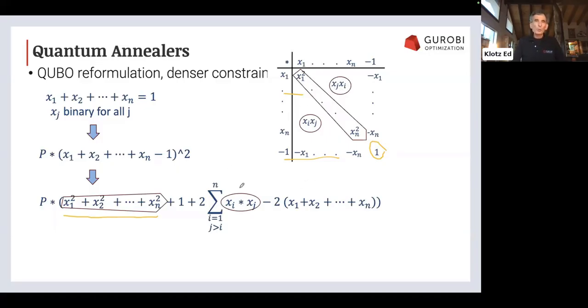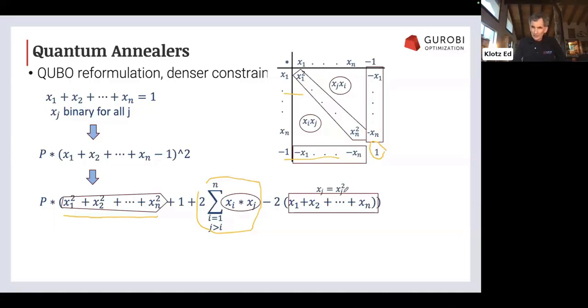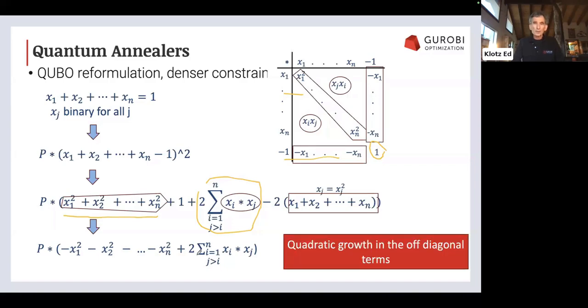So we can just take twice the sum of the elements above the diagonal. And then what's left are the bottom row and rightmost column. So we get a collection of linear terms there. Those terms are equal, so we just take twice. Again, use the fact that the square of a binary equals a binary. Rearrange a bit, and now we have our standard form term to put in a QUBO for this constraint.